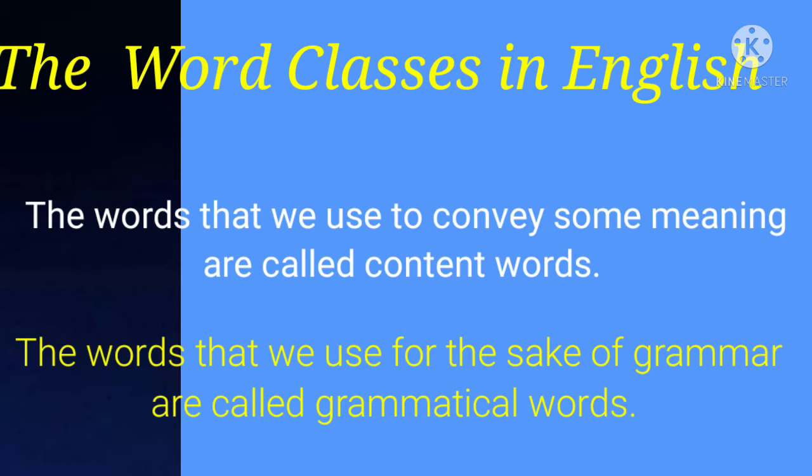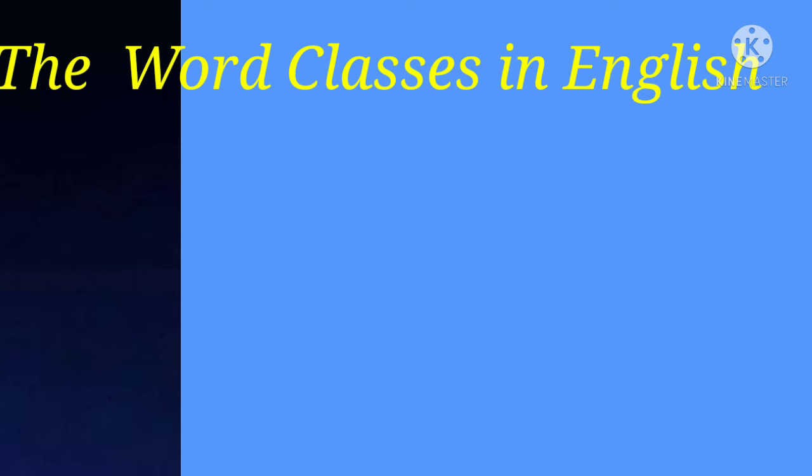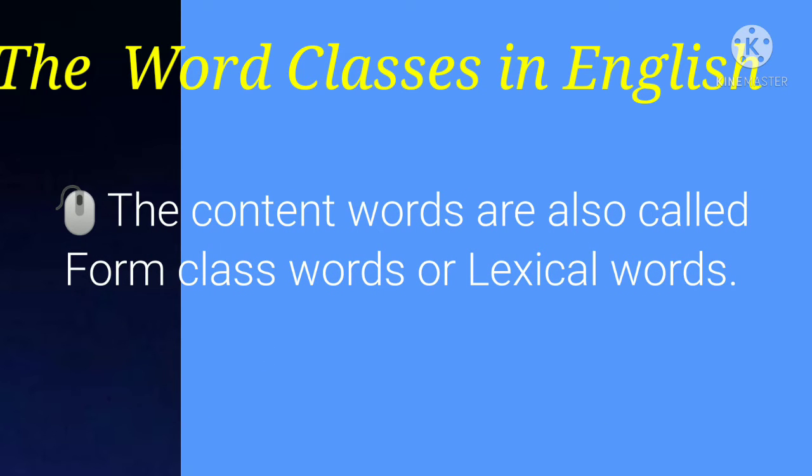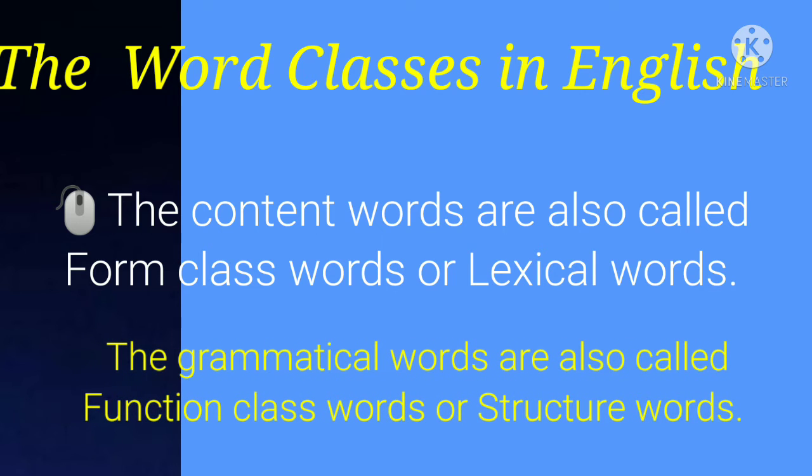The words that we use for the sake of grammar are called grammatical words. The content words are also called form class words or lexical words. Similarly, the grammatical words are also called function class words or structure words or structural words.